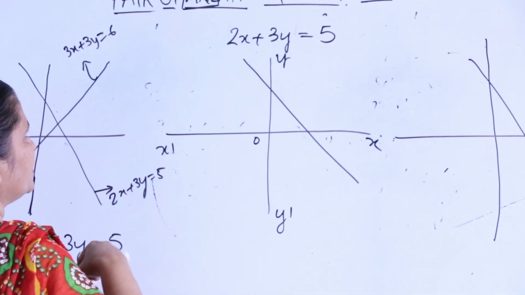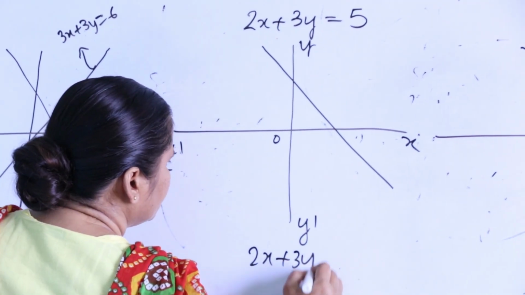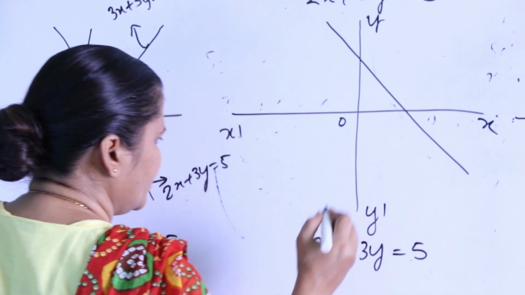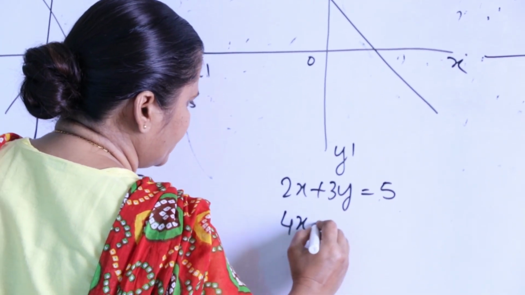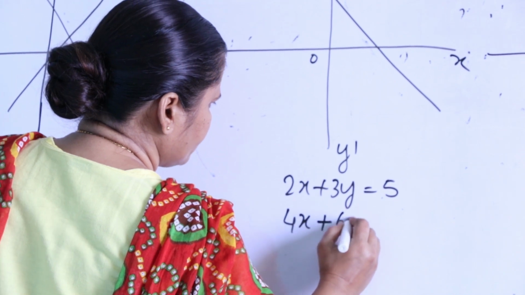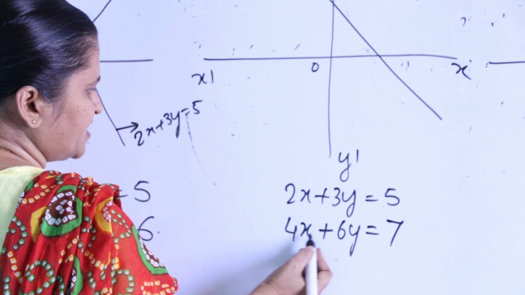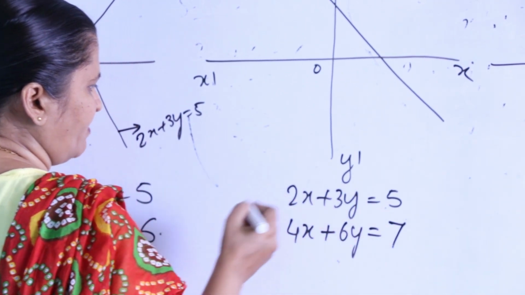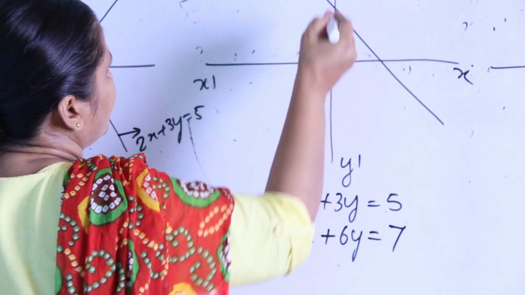Now, let me just give an example for this equation, 2x plus 3y is equal to 5. And if you draw something like this, 4x plus 6y is equal to 7, this equation could probably come.